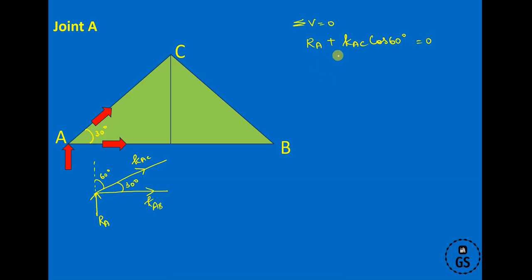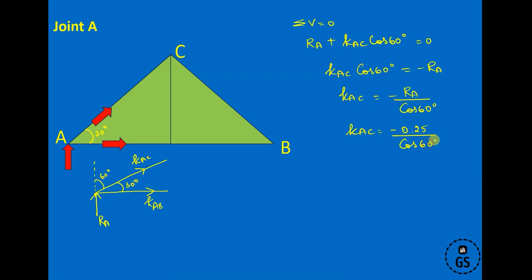We know RA, so bring it to the other side. So KAC is equal to minus RA divided by cos 60 degrees. What is RA? We need to find out. So KAC is equal to minus 0.25 divided by cos 60 degrees.